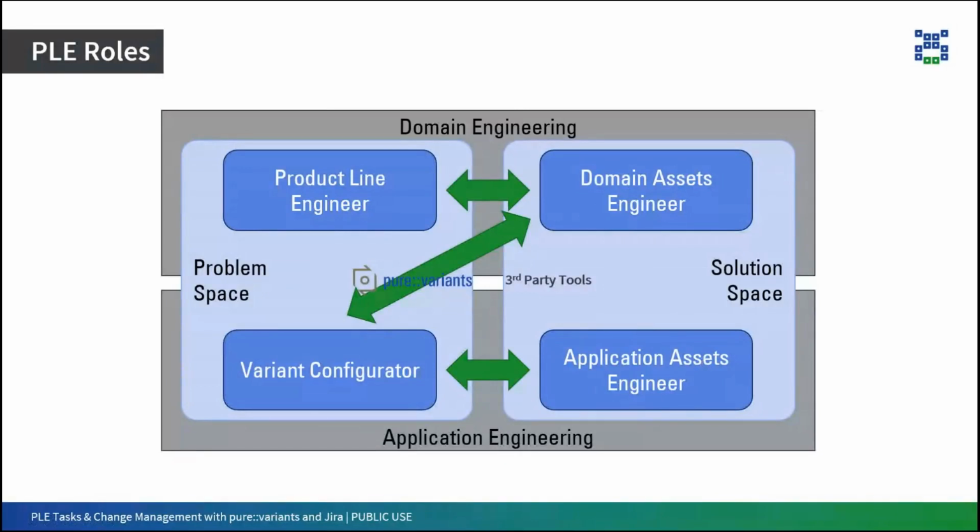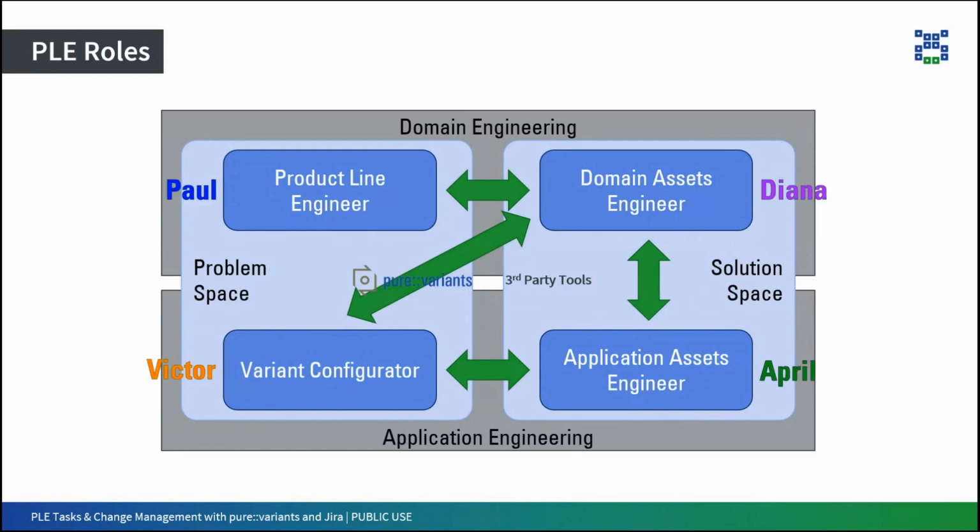Moreover, if your program is getting involved and you have a new version of your product assets, the variant configurator can also derive the latest variant-specific assets without losing the local changes made by application assets engineer. And application assets engineer also has the possibility of providing upstream feedback to update this program assets with the local changes.